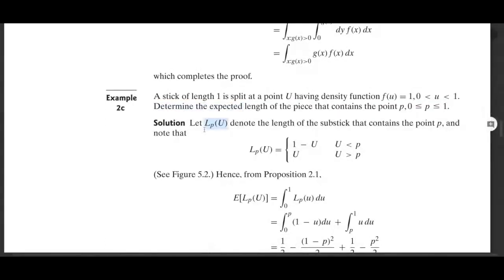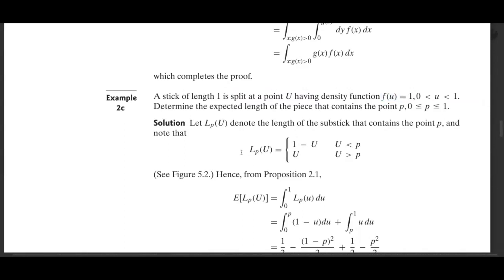So let's see, let LP of U denote the length of the substick that contains the point P. And note that LP equals U if U is greater than P. U is a point, okay, and so if the stick is split at point U, it would have this density, right?